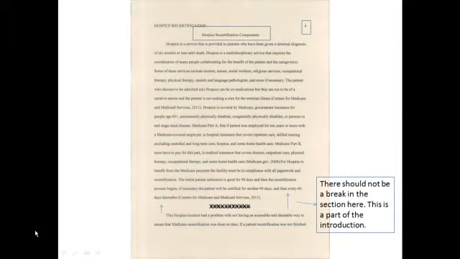The next section that you're going to write is going to be your purpose, rationale, and history of the problem section. In this section, you need to identify the purpose of your project and why you needed to complete this project. Whatever it is that you and your nurse leader discuss in a nutshell about what you needed to do and why you need to do it, that's what you're going to be including.